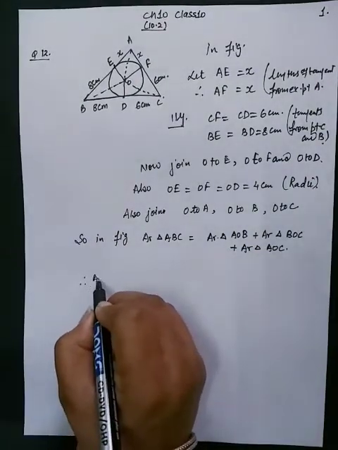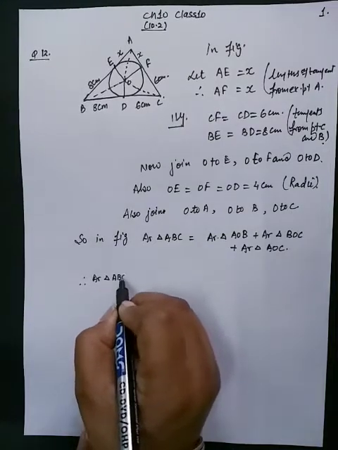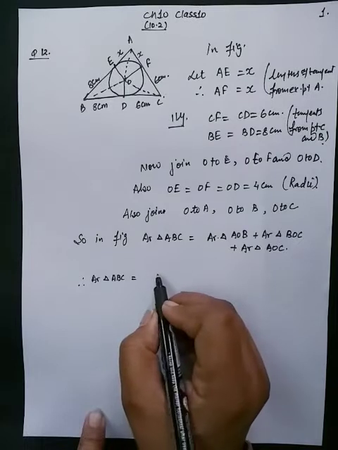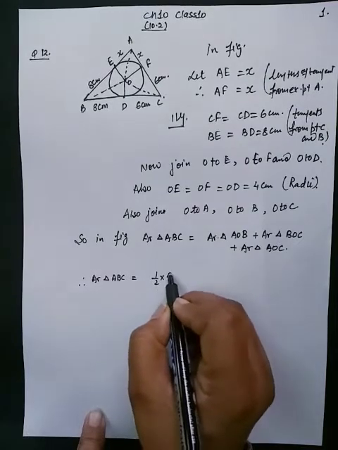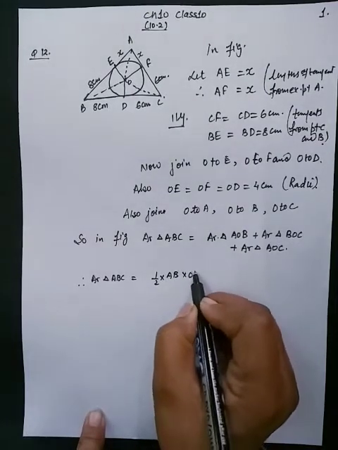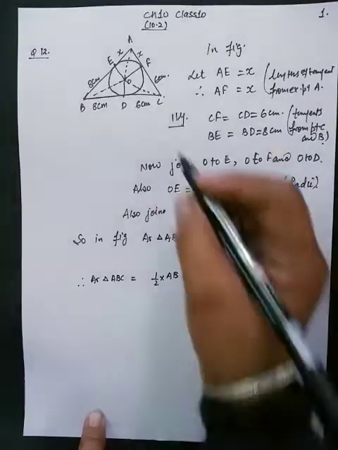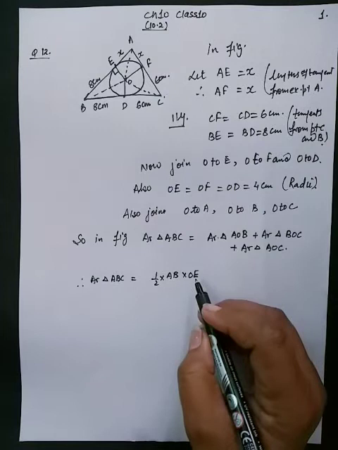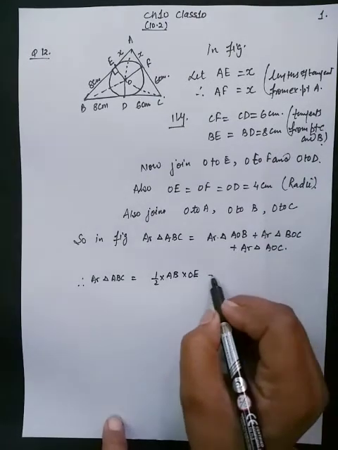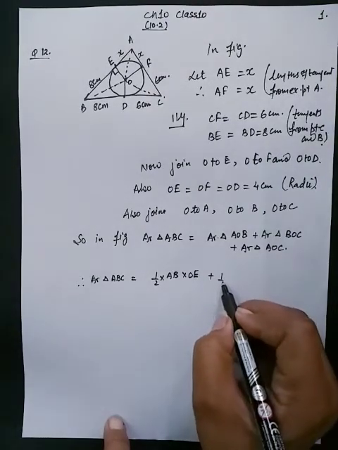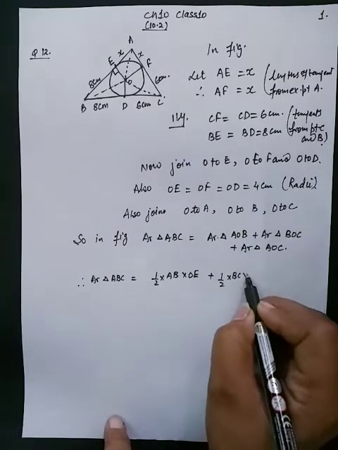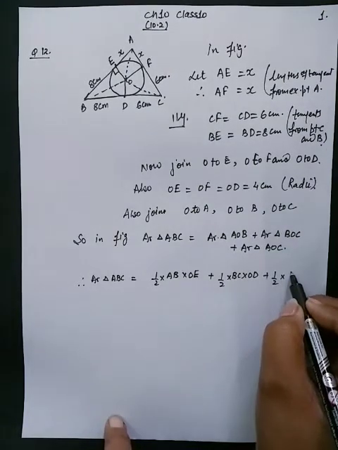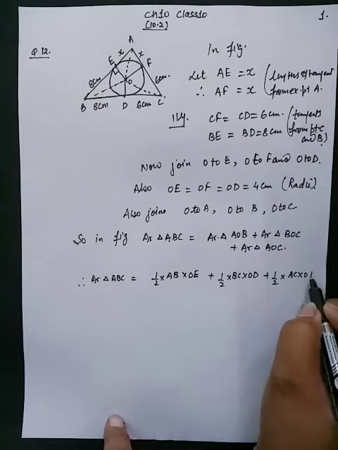So, area of triangle ABC will be, here we can write area of triangle AOB as 1 by 2 into AB into OE. OE is the height of the triangle because angle E is 90 degree. Plus in triangle BOC 1 by 2 into BC into OD plus 1 by 2 into AC into OF.